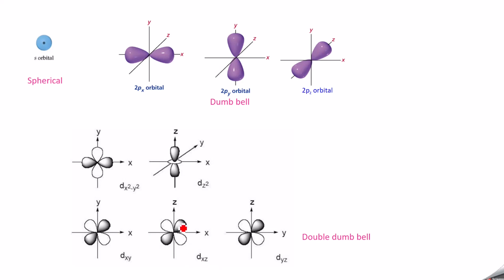Dxz means the dumbbell shape is between x and z. Similarly, dyz. Dx squared minus y squared means the dumbbell shape is along the x and y directions. Dz squared has only one dumbbell with a donut shape in the middle. That is what we call dz squared. All the 5 d orbitals have the same energy and they are called degenerate orbitals.